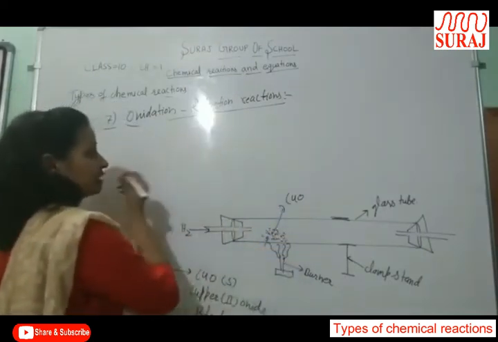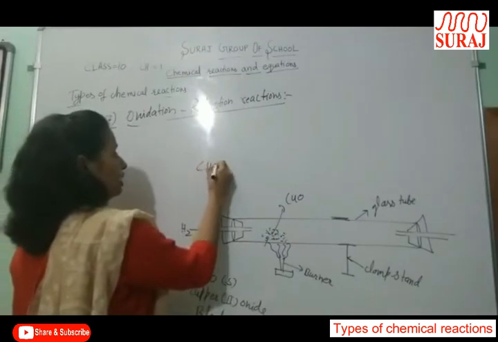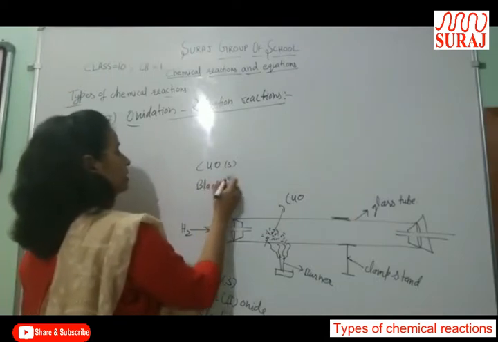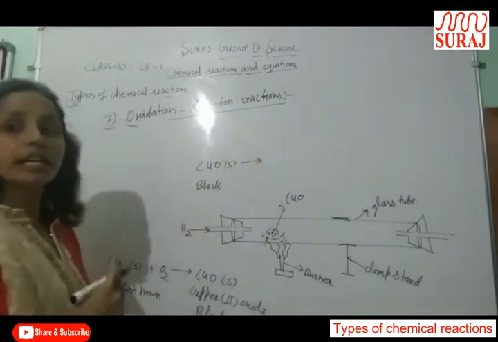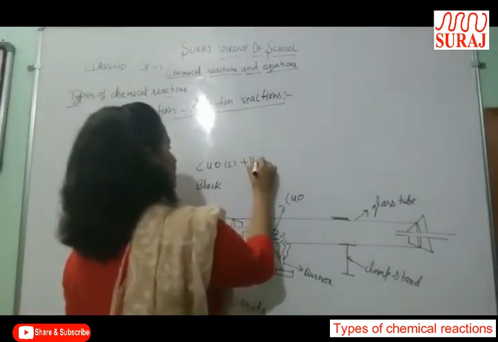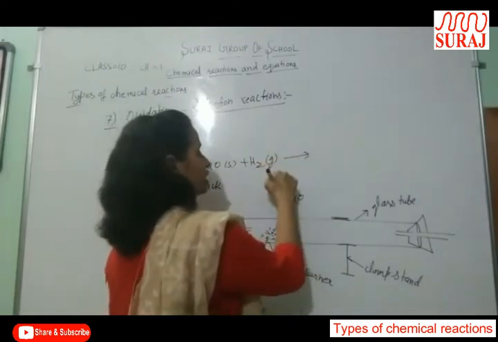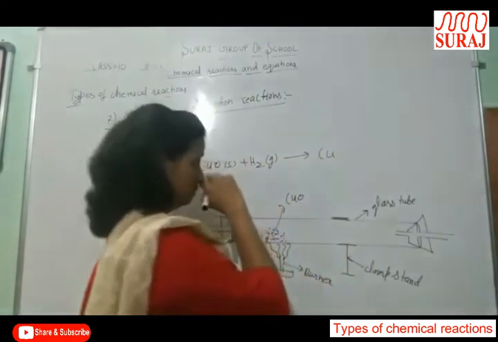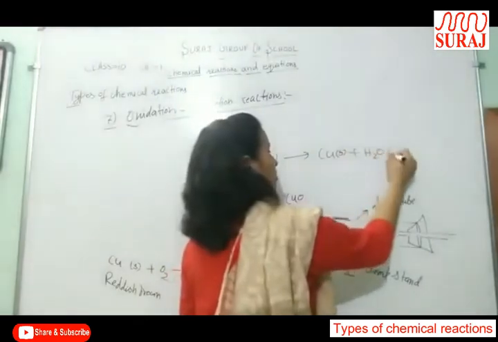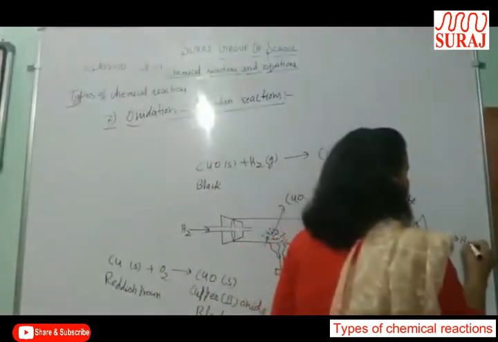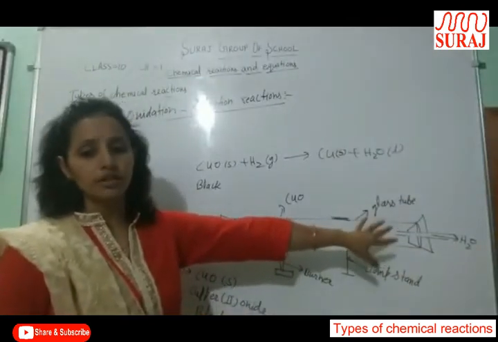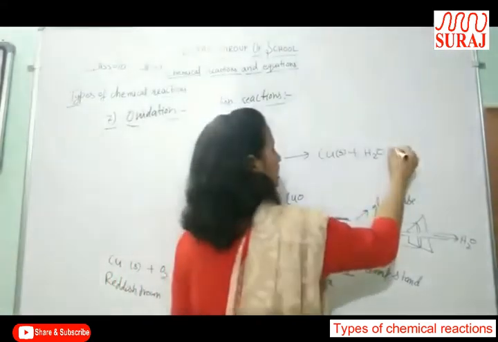We can write the reaction: copper oxide, which is a black solid, in the presence of hydrogen gas, gives copper plus water. The water is evaporated through this glass tube. Sorry, liquid means it is gaseous in state.